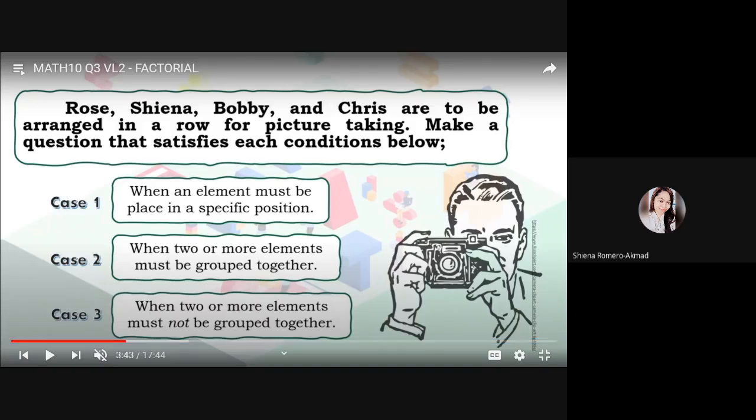How about case number 2? When two or more elements must be grouped together. So, magbigay ka ng sitwasyon kung saan yung dalawa or mas marami pa sa dalawa ay gusto magkakasama sila. Hello po.